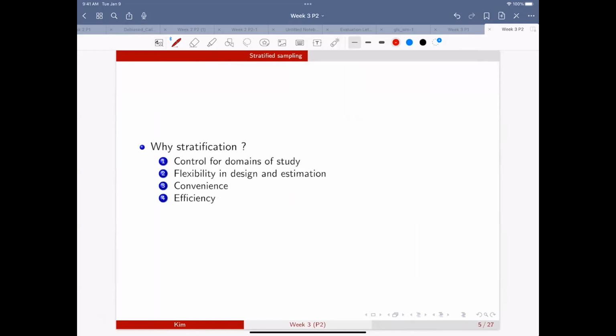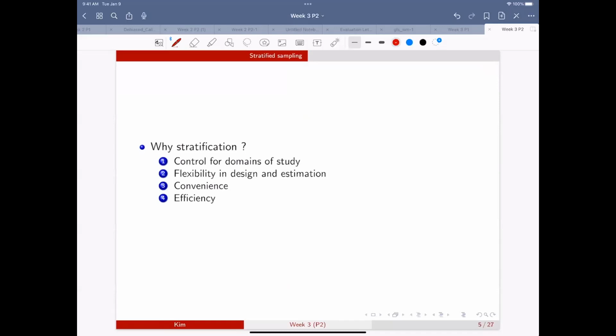Suppose we are interested in this kind of statistic. Then the government, the USDA, could be interested in the total acres in the US, as well as the acres in each state, right?